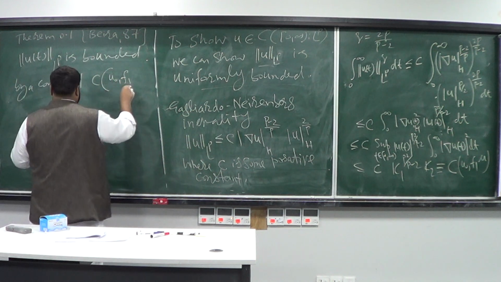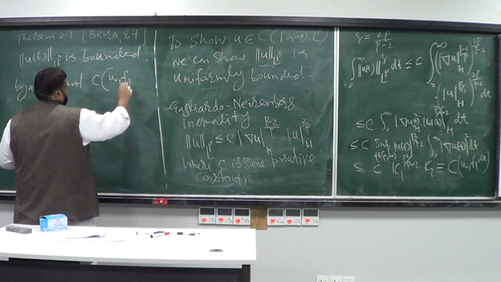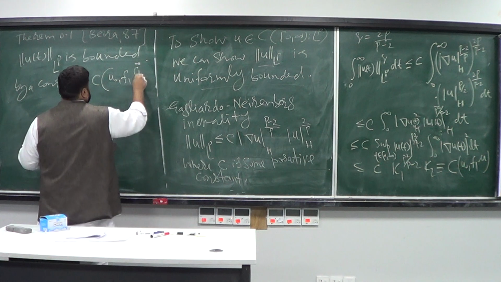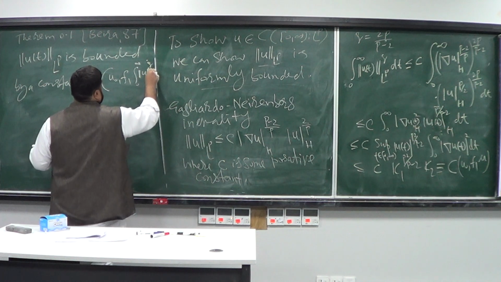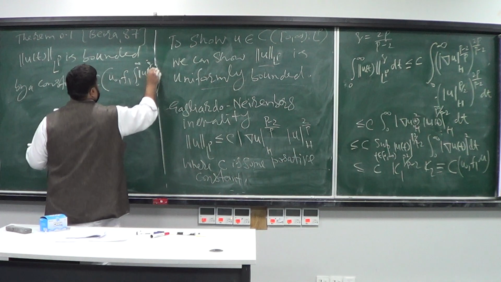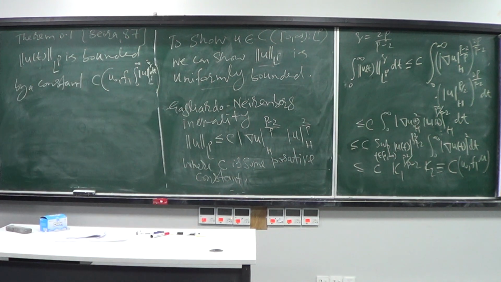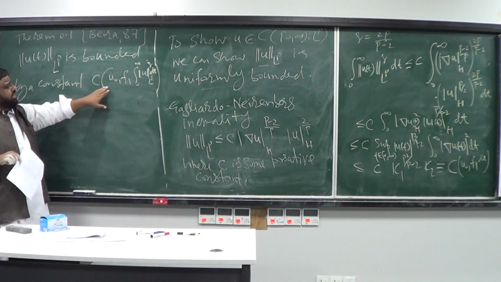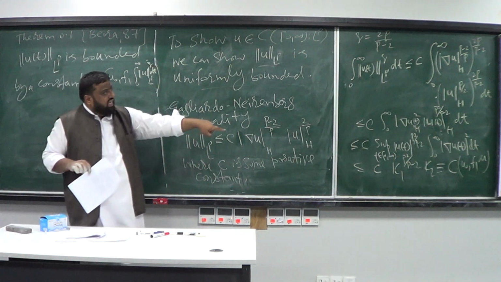f and depends on the integral from 0 to infinity of the LP norm of u to the power q dt. So we can show that this is uniformly bounded by a constant that depends on u naught, f, and the estimate that we have made.